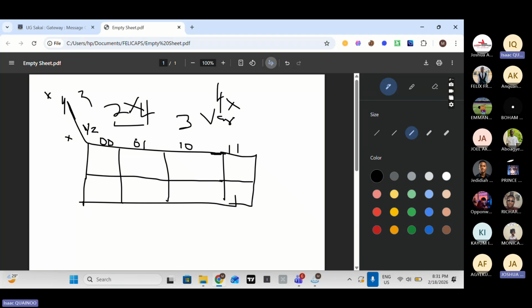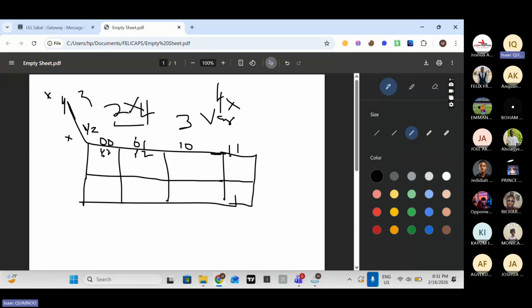You have your Y value. The first ones are Y values. Let's call this Y0, and this here Y1. The second ones are Z values. So this is Y, Z. The first is a Y value, the second is a Z value.